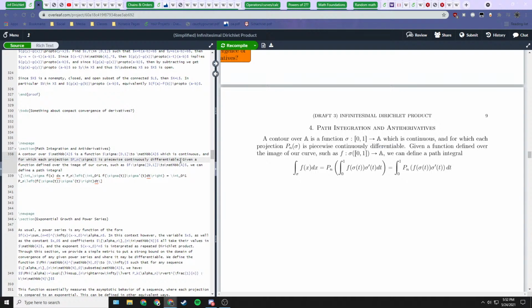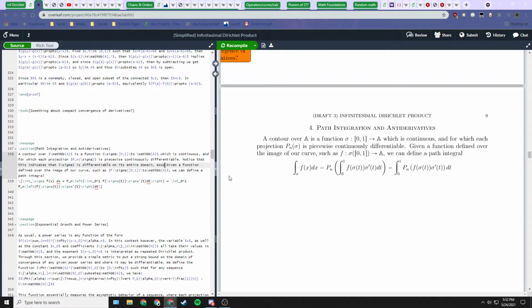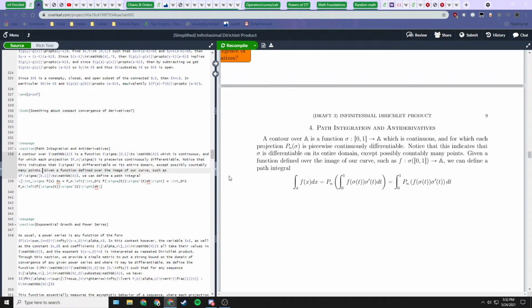So actually we can point that out. We'll just notice that this is differentiable on its whole domain, except possibly countably many points.